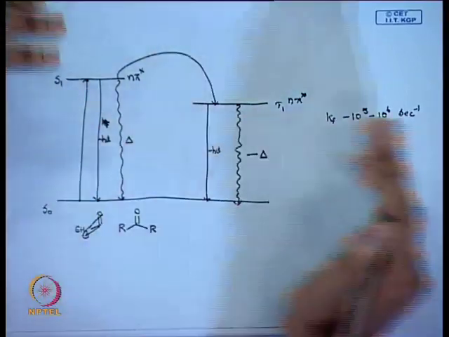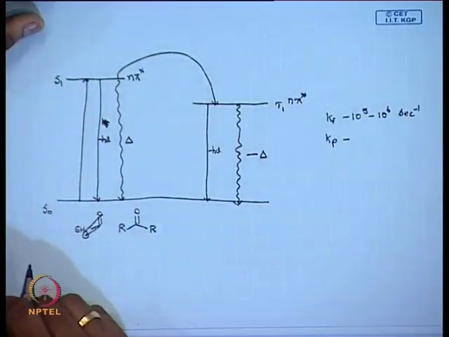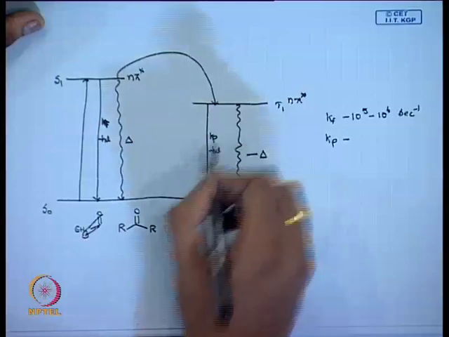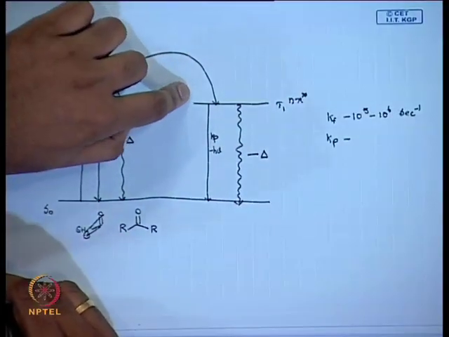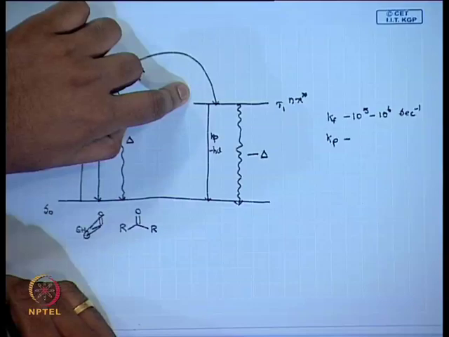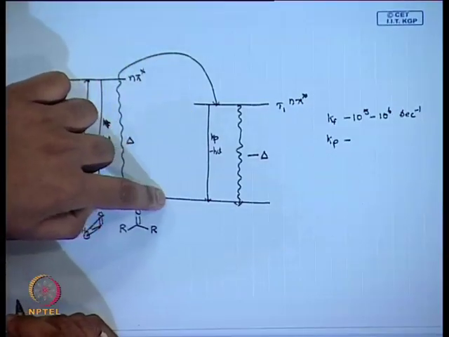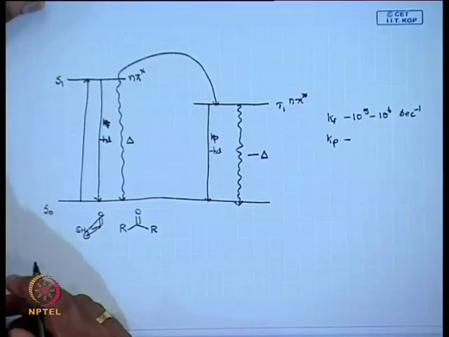Now, we will compare that with phosphorescence and see how much time it takes. If you take kp, the rate constant for phosphorescence, where it has to flip its spin, right, it has to come from triplet to ground state singlet. Any idea whether it will be a fast process or slow process?